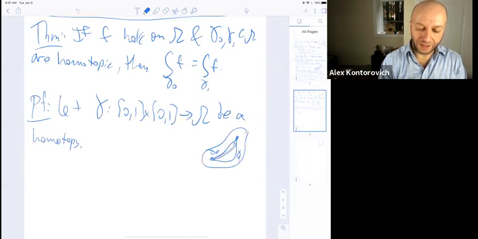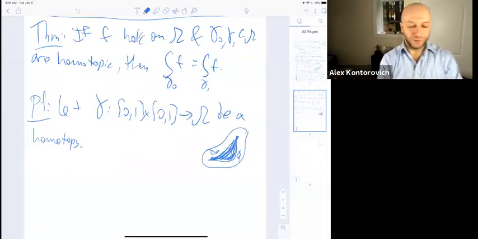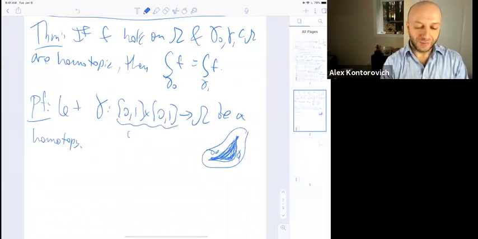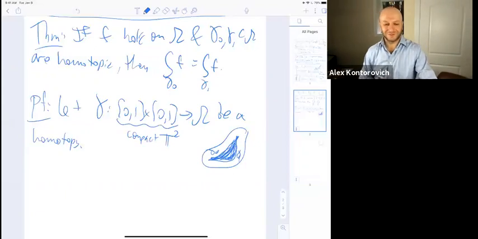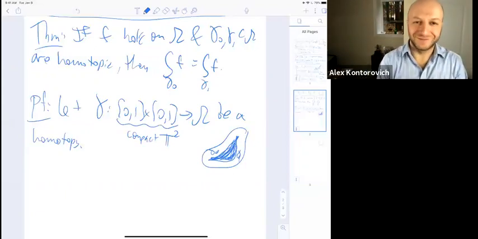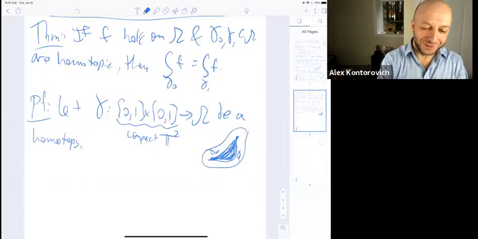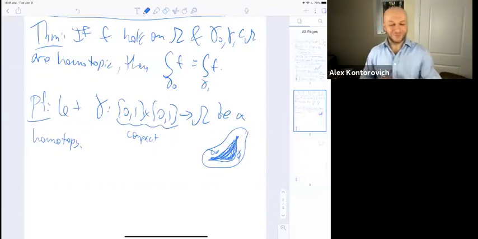And gamma is this whole thing kind of filled in by curves. So this region is compact. Let's give this a name. It's the 2 torus. Well, it's not really the 2 torus, it's just compact. Let's not give it a name.